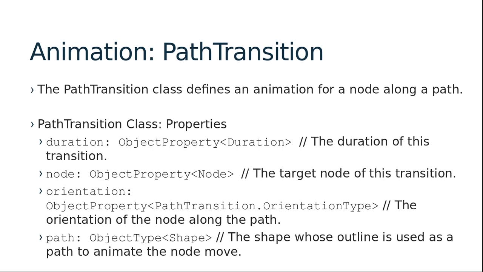To do that, we need a duration: what is the duration for my animation? We need a node which will be traversing the path. We need a path, obviously, and we need the orientation. Now this orientation, we will look at the difference between two different orientations later.